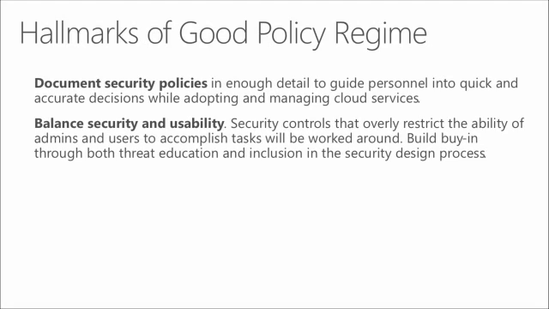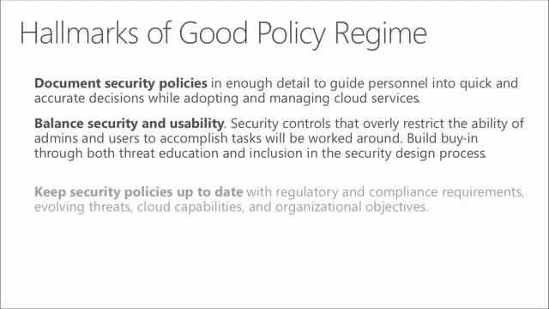And most people are very resourceful at finding a way to get their job done and get it done efficiently. So if you don't consider that usability and don't consider those business productivity requirements in the security requirements, then what you're going to end up with is a failed security requirement. So it's very critical to balance that security and usability in the design process.